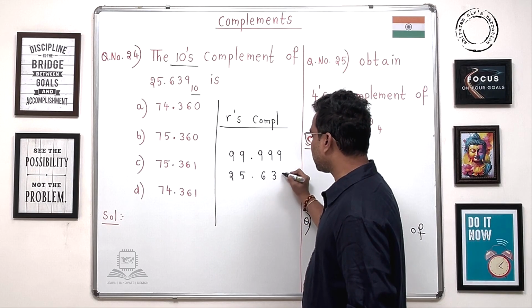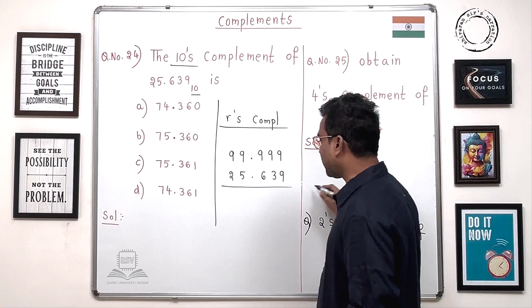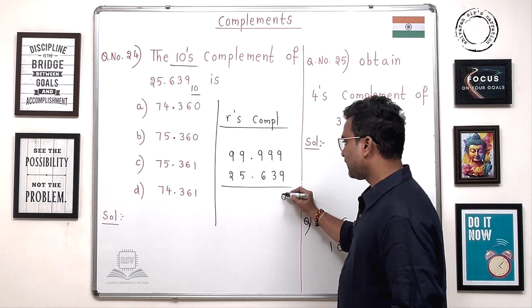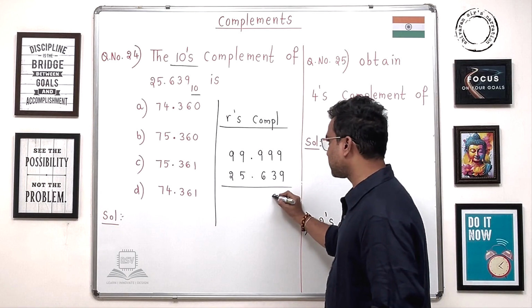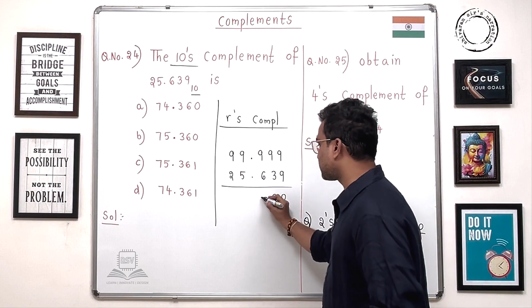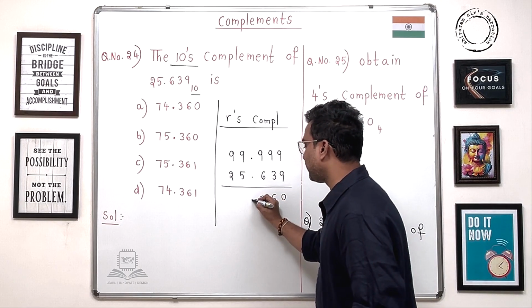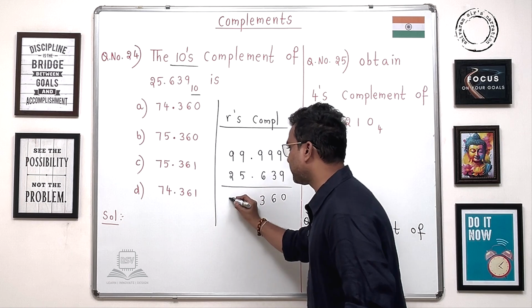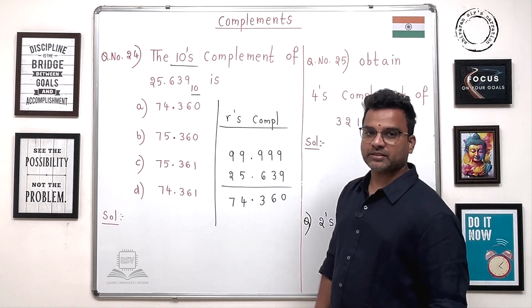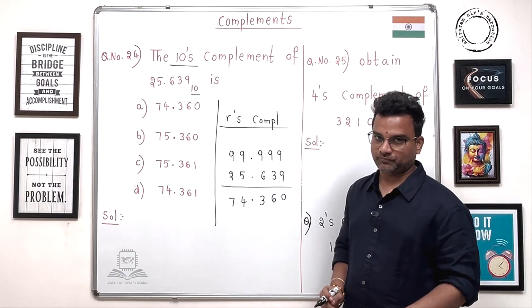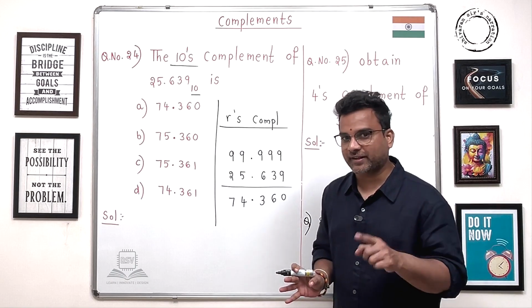Let's subtract: 9 minus 9, 0. 9 minus 3, 6. 9 minus 6, 3. 9 minus 5, 4. 9 minus 2, 7. It's 74.360. But what's the next step?